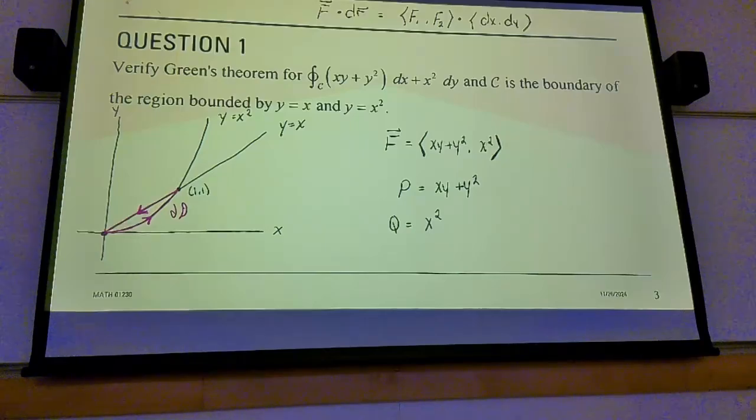What do you notice about that path? It returns to where it starts. Well, that's the definition of circulation. What else do you notice?